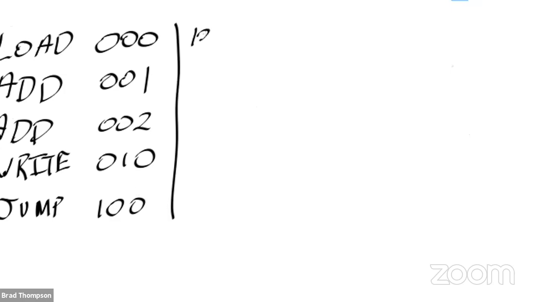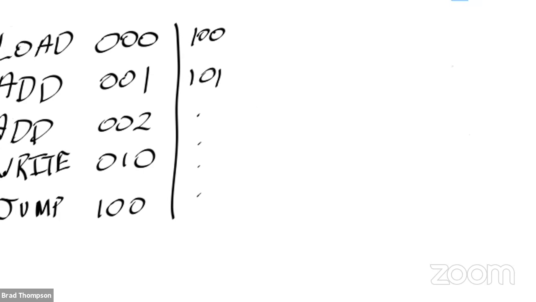And then, just for the heck of it, this is memory location 101, right?